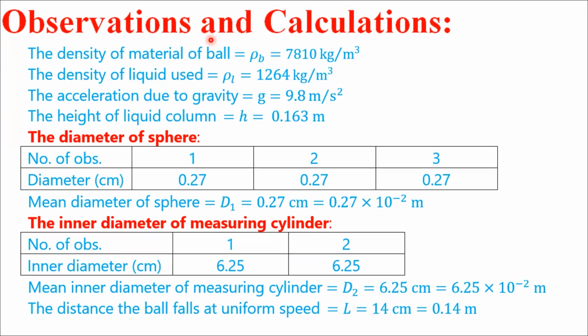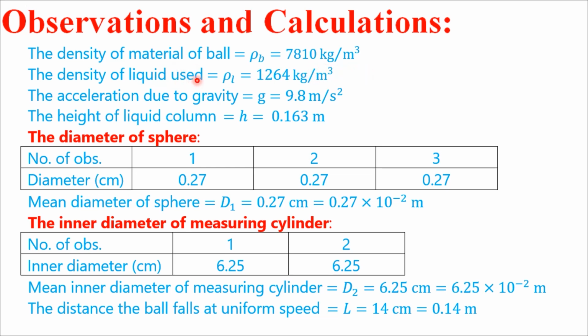While performing the experiment, we have noted the observations, and now we are going to perform the calculations to achieve the final results. The density of material of ball which was used in the experiment is 7810 kg per meter cube.